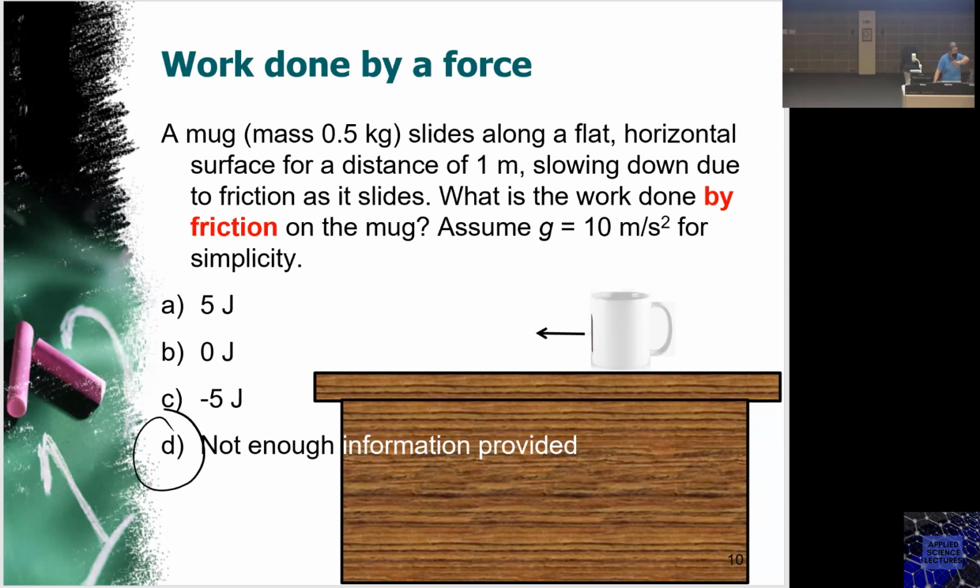That mug is sliding and slowing down, right? And there's friction. Are you expecting the work done by the friction on this mug to be negative or positive? Negative. Why negative?